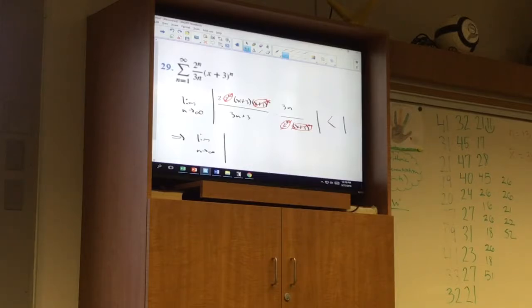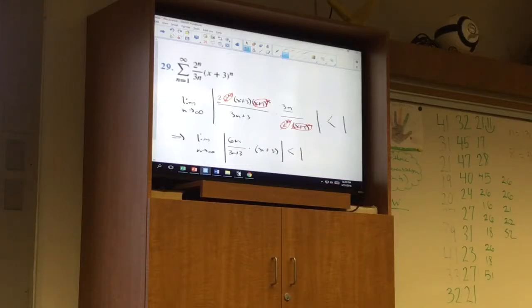Now I'm going to put my n terms together. So really I have this 2 times 3n, so that's 6n over 3n plus 3 times x plus 3 is less than 1. Agreed? You with me?